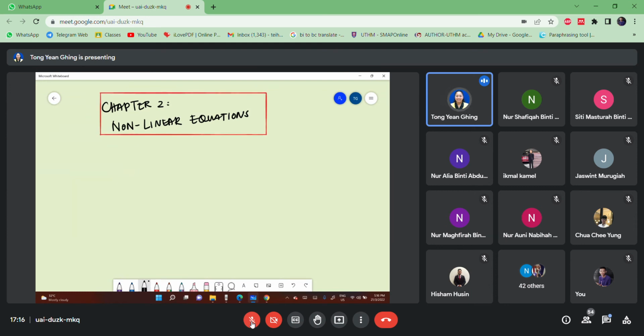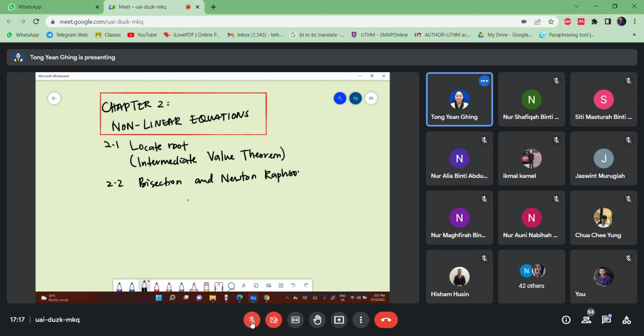In chapter 2, 2.1 is locate root using the intermediate value theorem, and then 2.2 is the bisection and Newton-Raphson method.